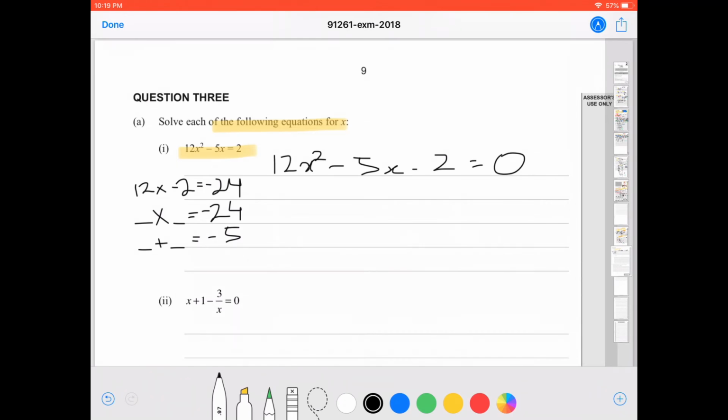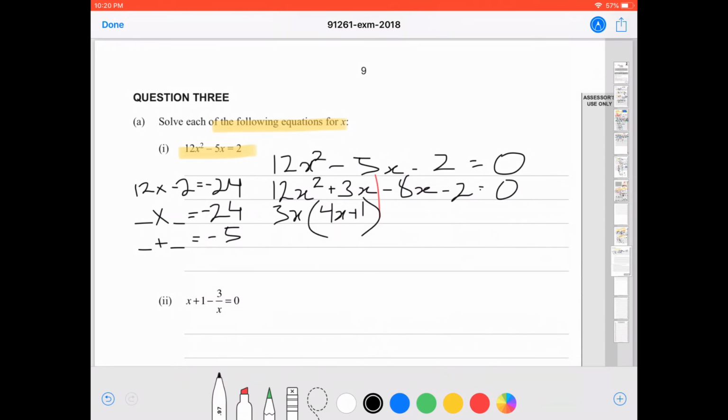So we can split our B term, negative 5x, into plus 3x minus 8x: 12x squared plus 3x minus 8x minus 2. Draw our line through the middle of the expression. Factorize the left-hand side. We've got a common factor of 3x, and so inside the brackets 4x plus 1.